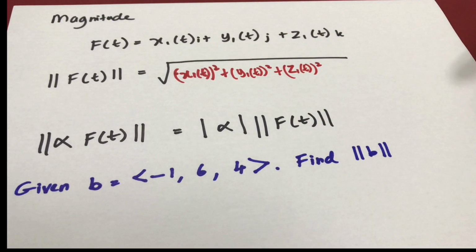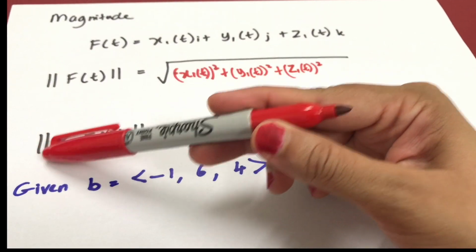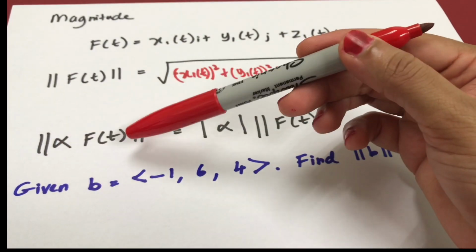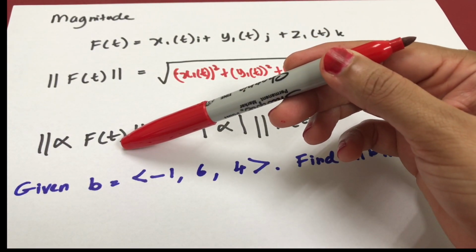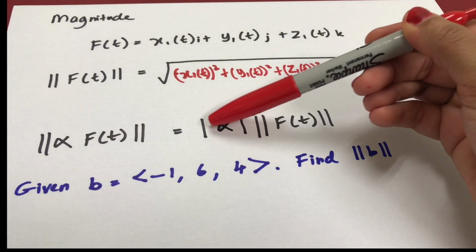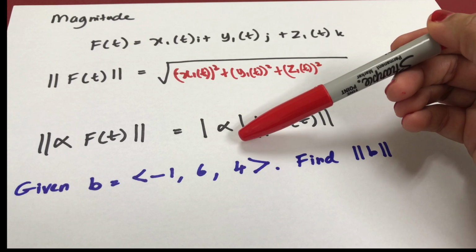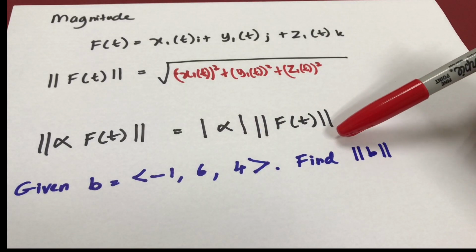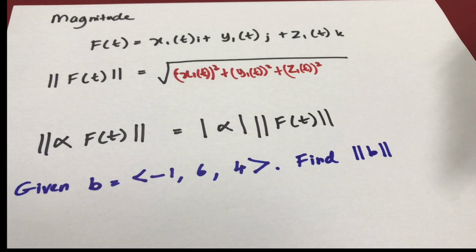When you want to find the magnitude of a scalar multiplied with the vector valued function, we simply take the absolute value of the scalar multiplied with the magnitude of the vector valued function. Let's look at an example. So given vector b as minus 1, 6 and 4, find the magnitude of b.